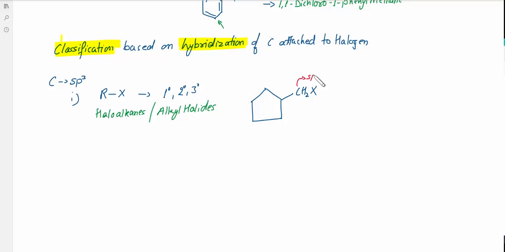We always have to see the carbon which is connected to the halogen, and that is sp3. So it belongs to the haloalkane category, and this carbon which is connected here is connected to only one carbon, so that is actually 1 degree. So this is again a primary haloalkane.